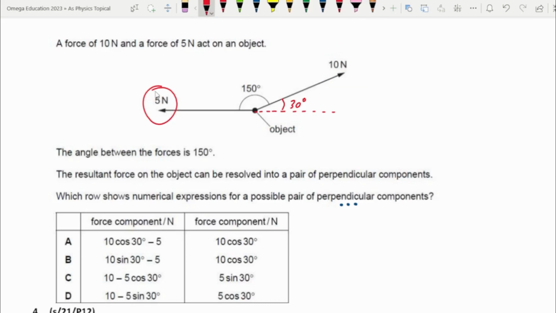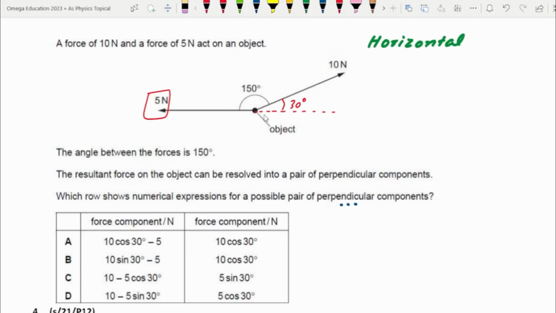So if we consider 5 Newton as reference, I'm going to find the net horizontal force, and I'm going to find the net vertical force. So let us first find the net horizontal force. For the horizontal forces, we'll be having two forces.